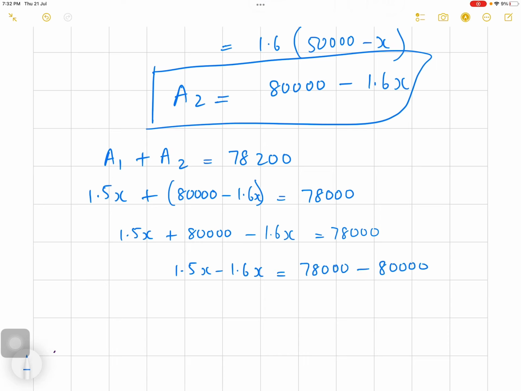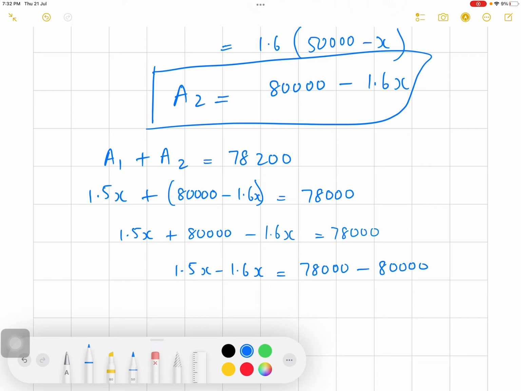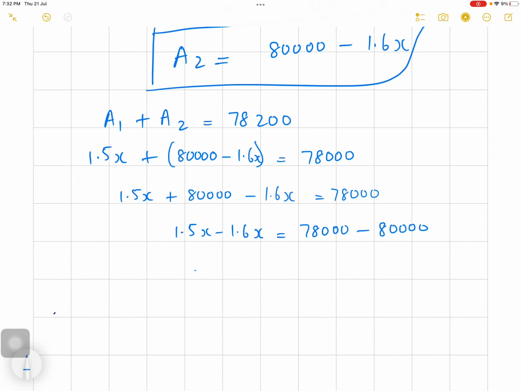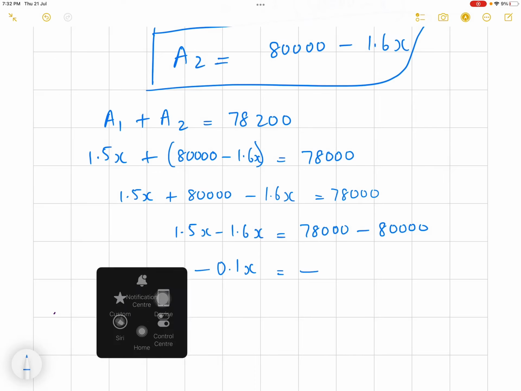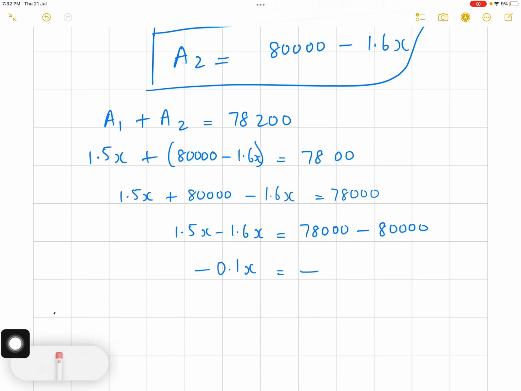So this becomes minus 0.1x is equal to minus 1,800.